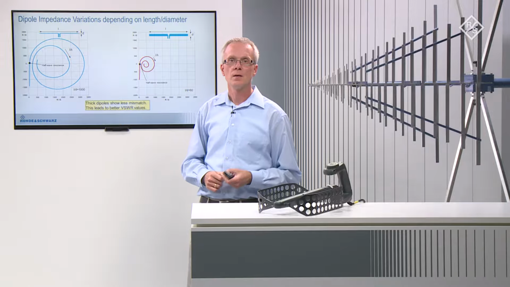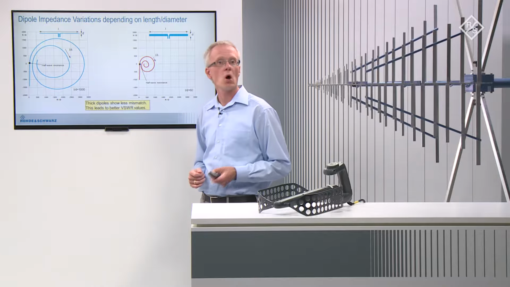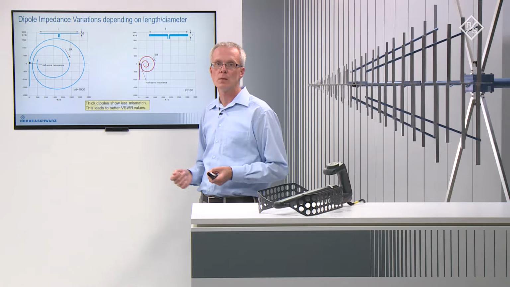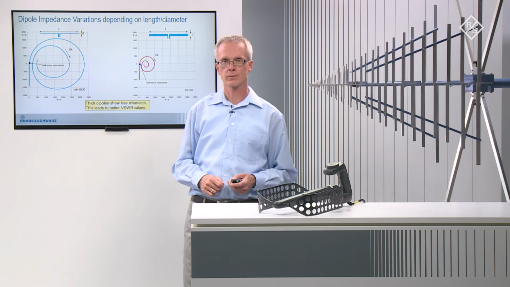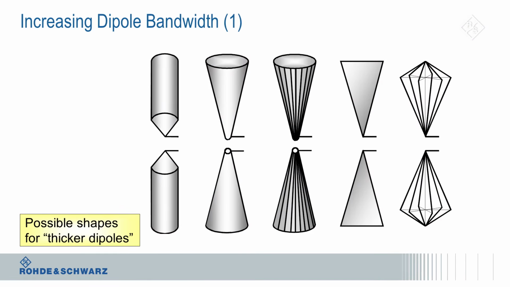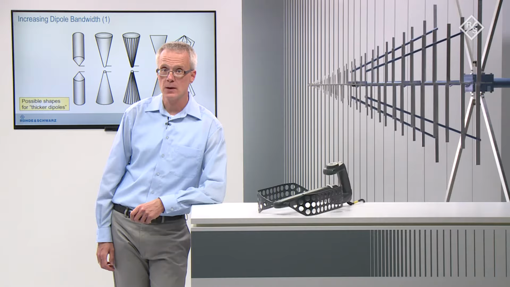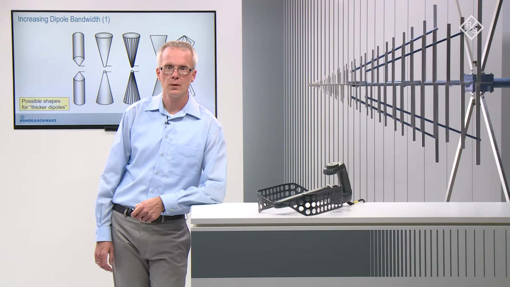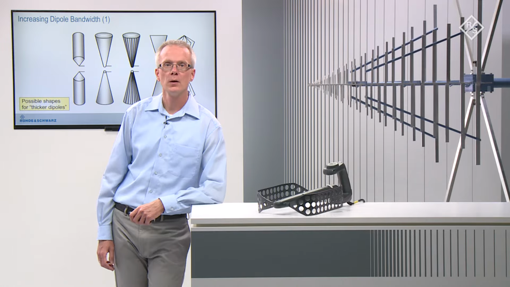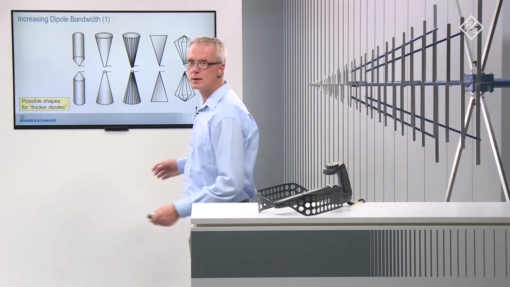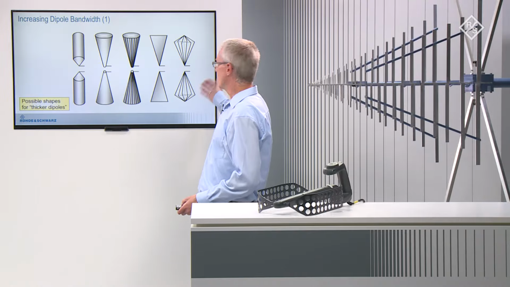In this case, the mismatch is reduced because the complex impedance is generally much closer to the half-wave resonance point. The drawing on this slide shows possible shapes of thicker dipoles with increased bandwidth. In order to save material and particularly weight, broadband dipoles are often designed in the form of a cage. Or another commonly used shape is the biconical antenna shown at the very right.